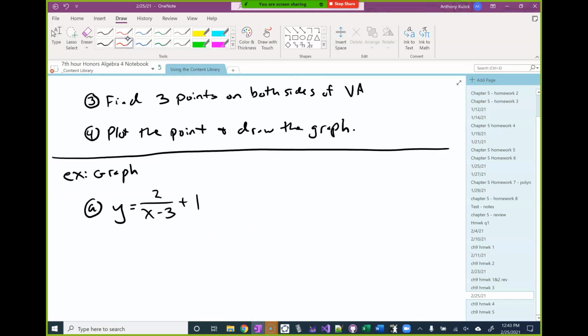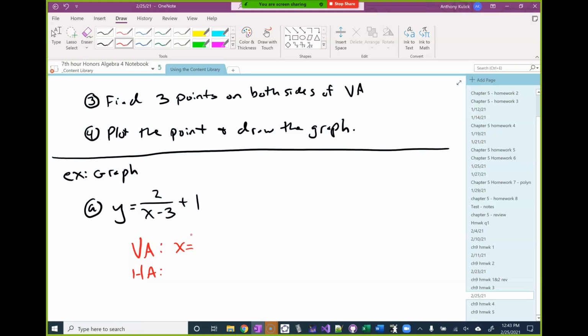So the first thing we're going to do is identify the vertical and horizontal asymptotes. I notice from this problem that we're in that first form that we identified. So the vertical asymptote here is just going to be x equals h. And the h in this case is what value? Very close. It's positive 3.